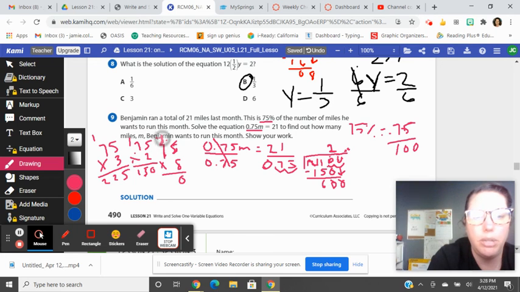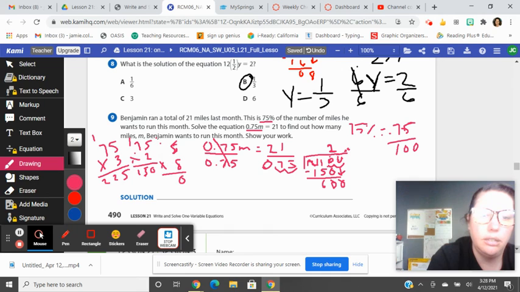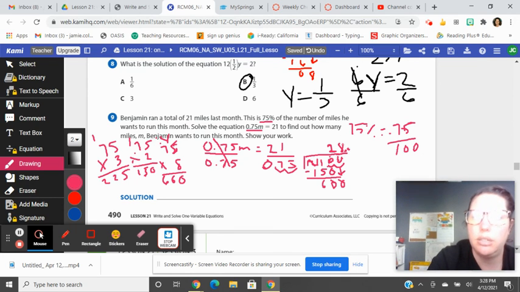Well, that's supposed to be a 4 up there, guys. It's never working for me. Let's try it again. Okay, 8 times 7 is 56, plus 4 is 60, so 600, so 28, because remember, our decimal point is after the 8. So, Benjamin wants to run how many miles this month? 28 miles.